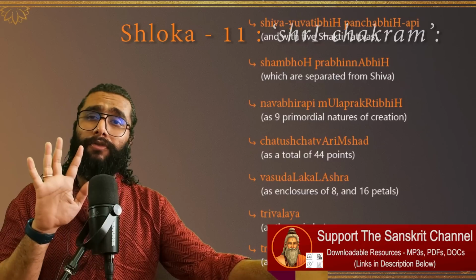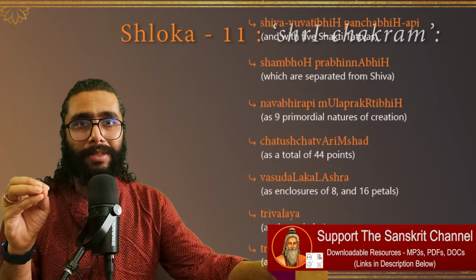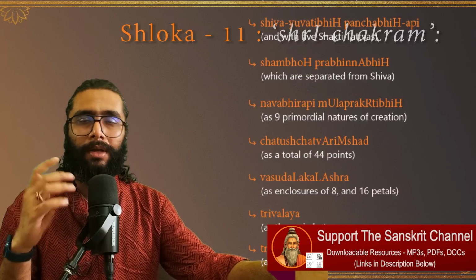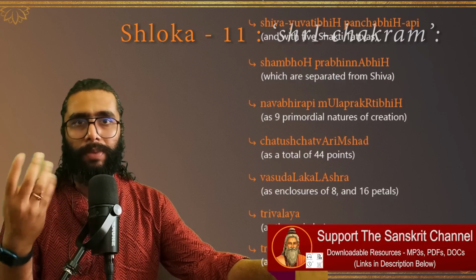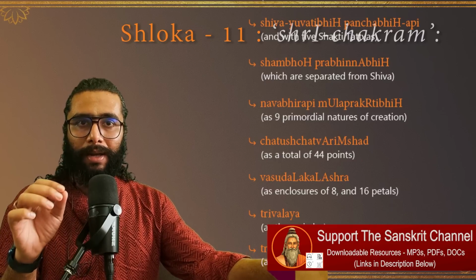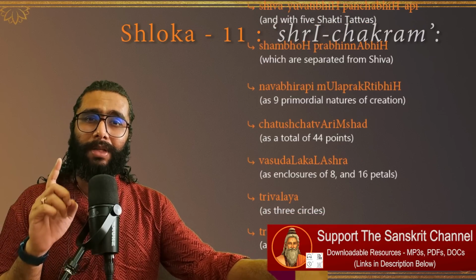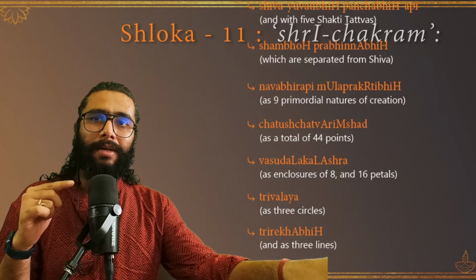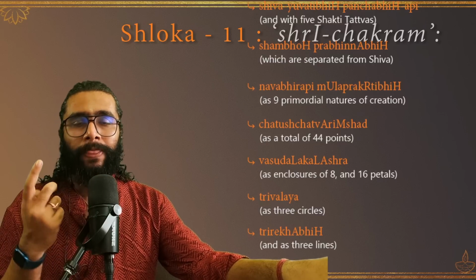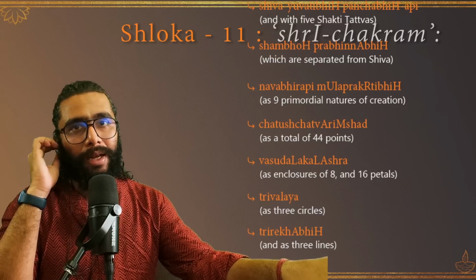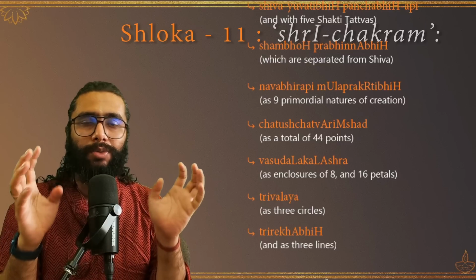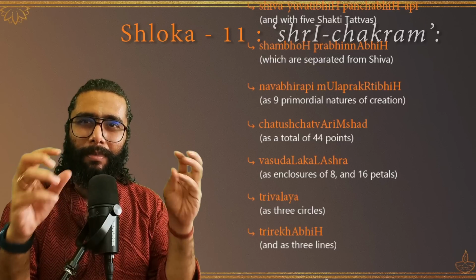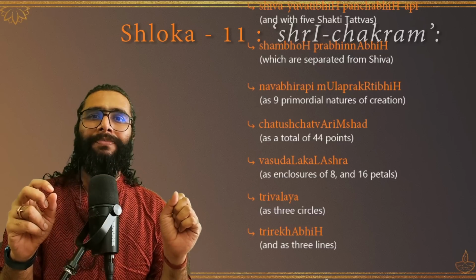Chatushchatvarimshad. And there are 44 aspects somewhere. Chatvari is 40. Chatushchatvarimshad is 40 plus 4. Vasudala Kalashra. Vasu means the number of Vasus, 8, the Ashtavasus. And Kalas are the 16 aspects of the moon. So Vasudala Kalashra means there are 2 such enclosures which are 8 and 16 faceted in number.